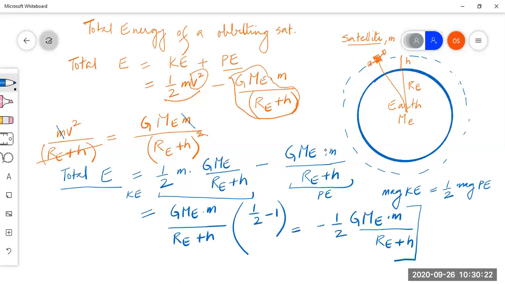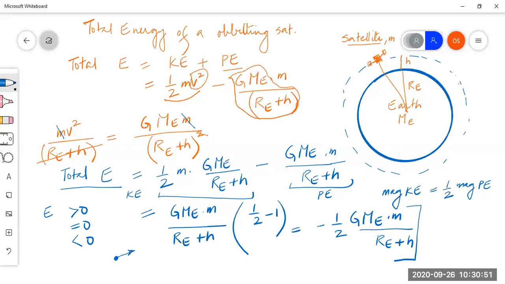Now, before deriving the expression, one must be thinking whether the total energy of a satellite would be positive, equal to zero, or negative. Students, let's see, there's a body which is independent, not bounded by something, and the body is moving. It may have kinetic energy as well as potential energy.